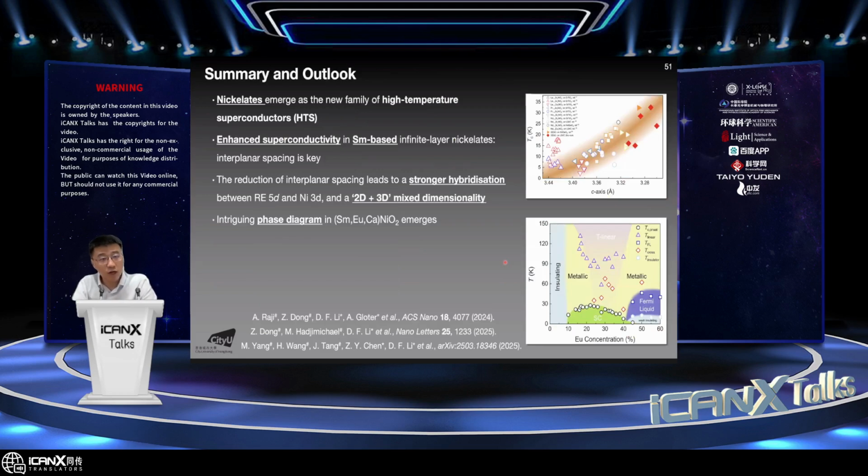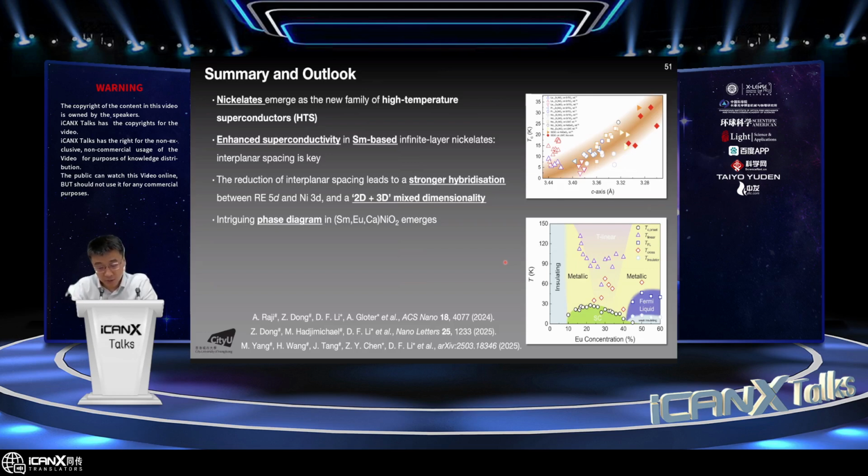So what I wanted to tell you is that the nickelates have emerged as a new family of high-temperature superconductors. It's one of the newest materials platforms for us to study high-temperature superconductors, hoping to fundamentally resolve the puzzle of high-temperature superconductivity.